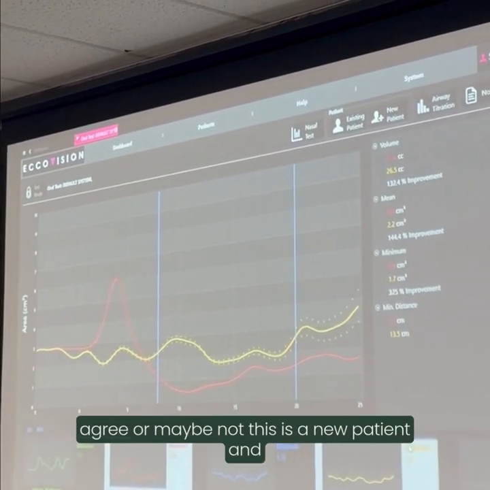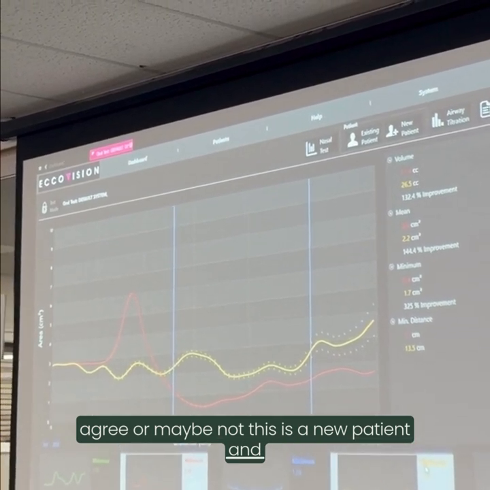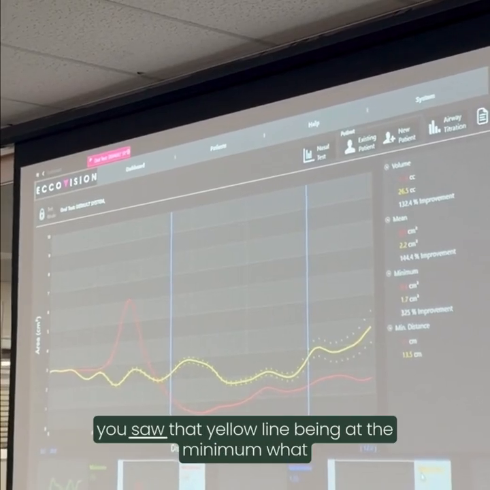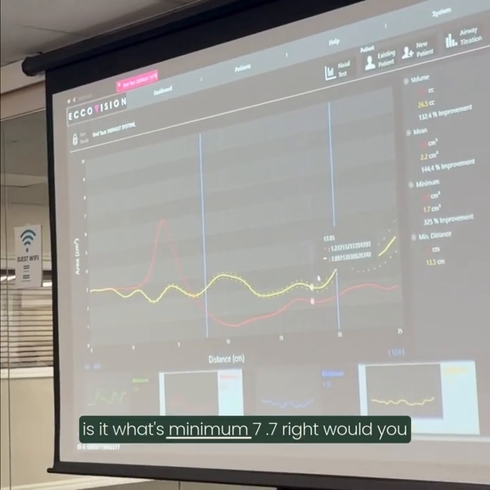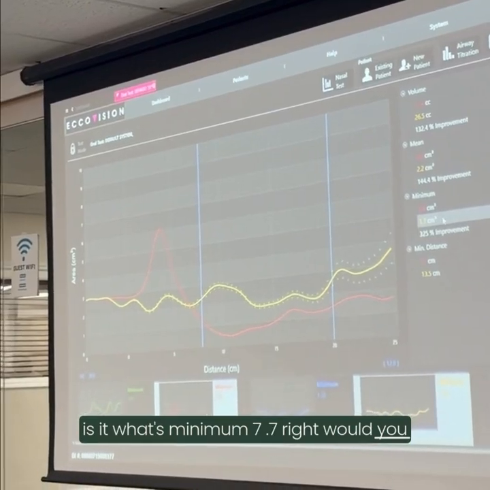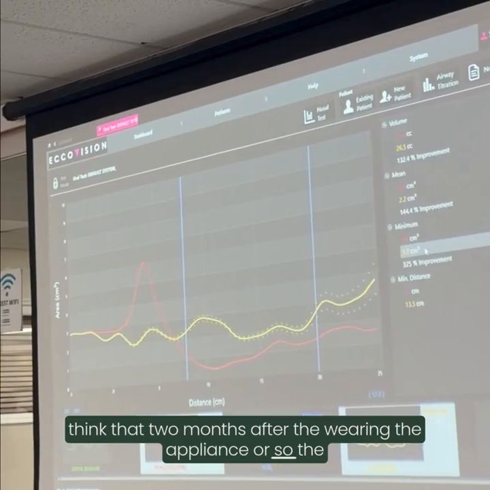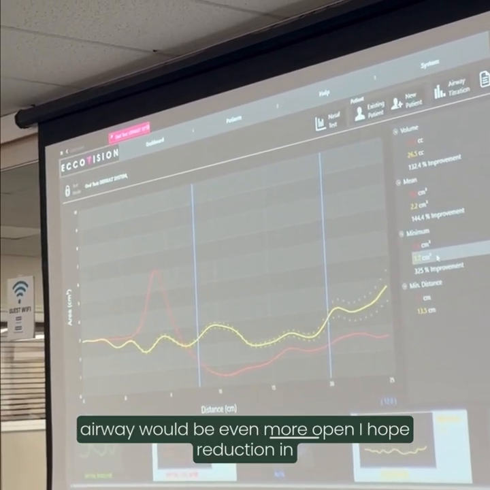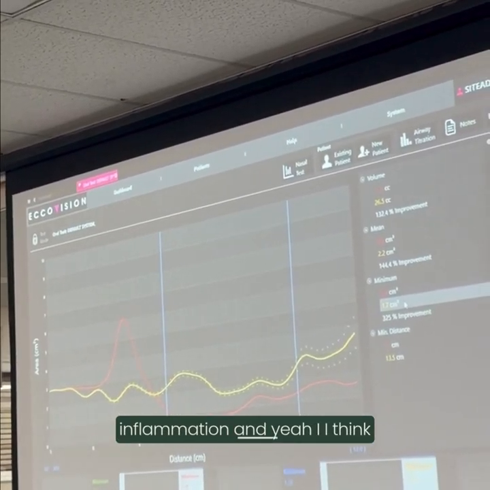So would you agree, if this was a new patient and you saw that yellow line at the minimum, what is it? 1.7, right? Would you think that 2 months after wearing the appliance, the airway would be even more open? I hope so. Reduction in inflammation.